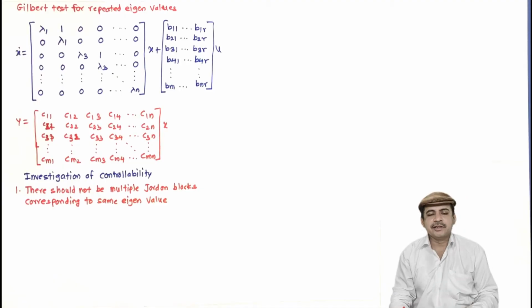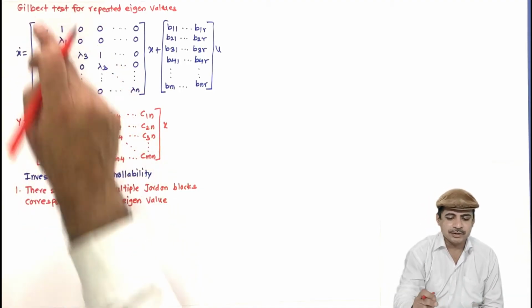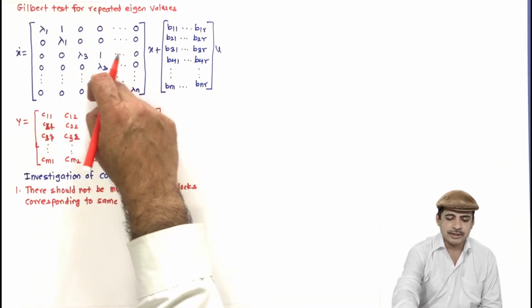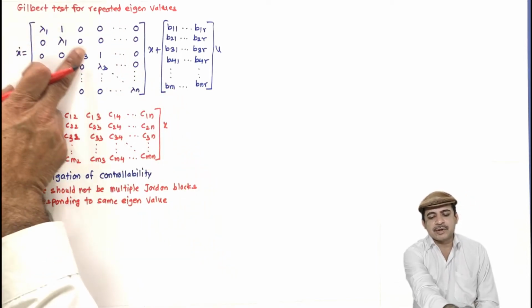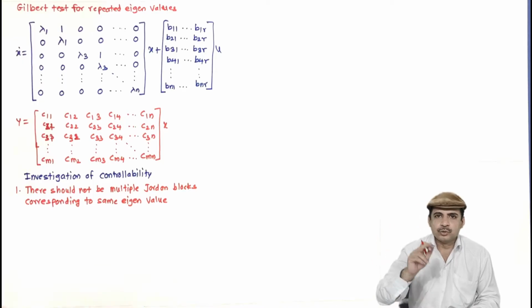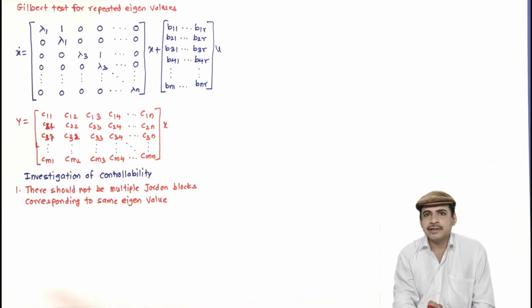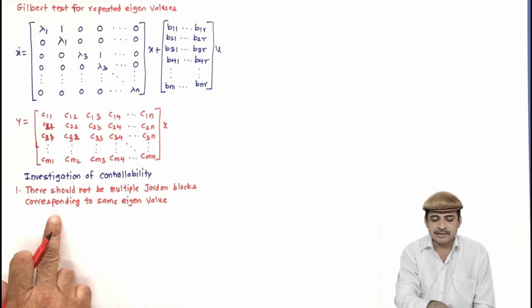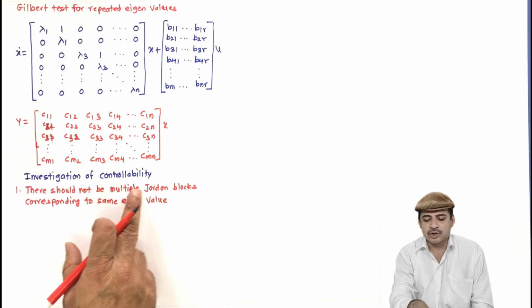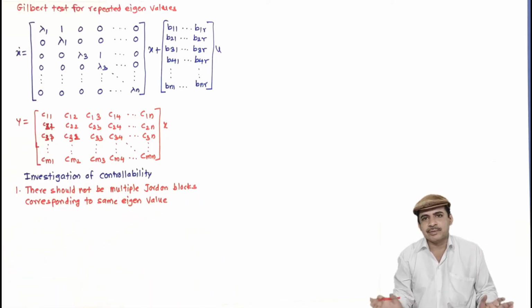What does it imply? It implies that, see, here we have two Jordan blocks, one corresponding to lambda 1 and the other corresponding to lambda 3. Now if lambda 1 and lambda 3 are same, it indicates that there are two Jordan blocks corresponding to same eigenvalue, and then system is not controllable. The condition says that there should not be multiple Jordan blocks corresponding to same eigenvalue. Means there can be multiple Jordan blocks, but they shall be for different eigenvalues.